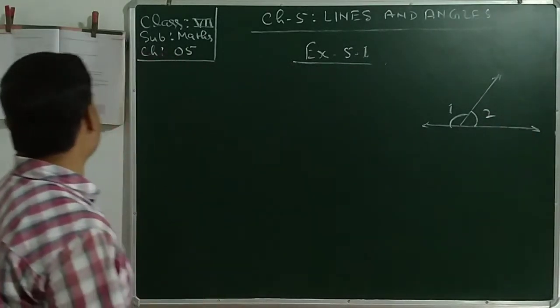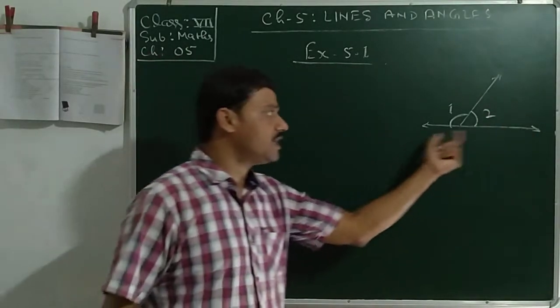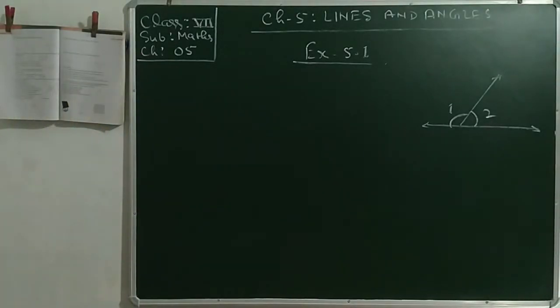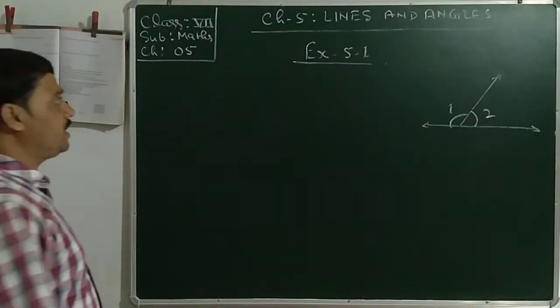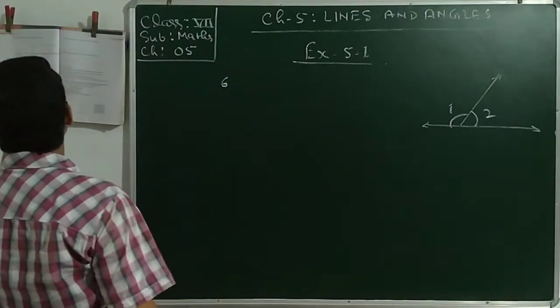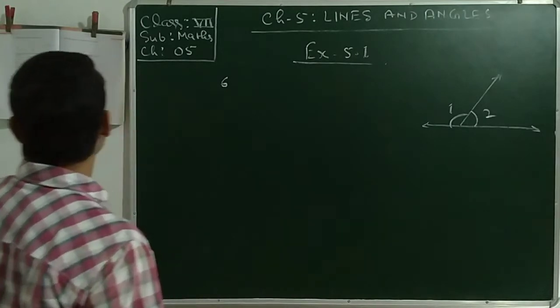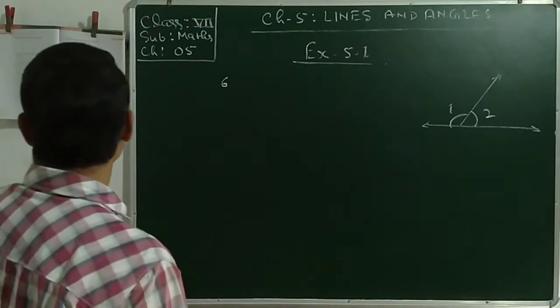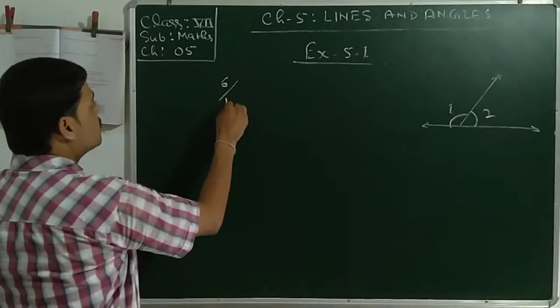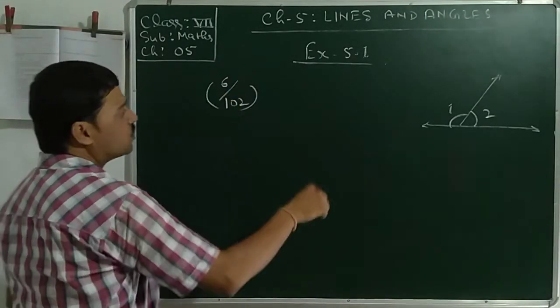It's told that they are supplementary because they lie on a straight line. If angle 1 is decreased, what change should take place in angle 2 so that both the angles still remain supplementary? See, number 6 sum from page 102.